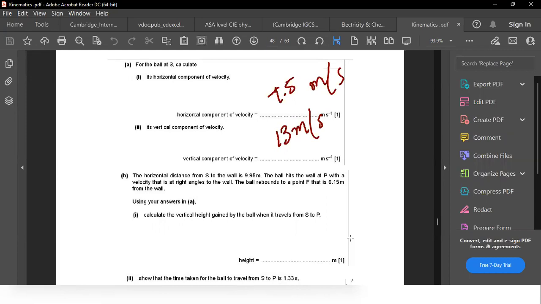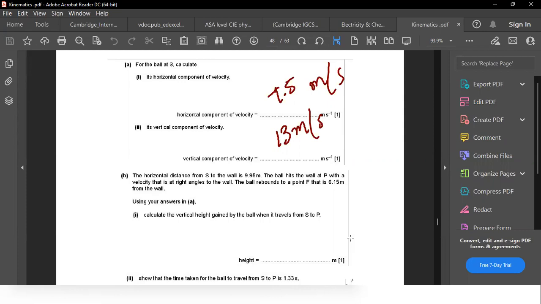Okay, if I use that, I'm getting 0 minus 12.99 squared, divided by 2 times minus 9.81.